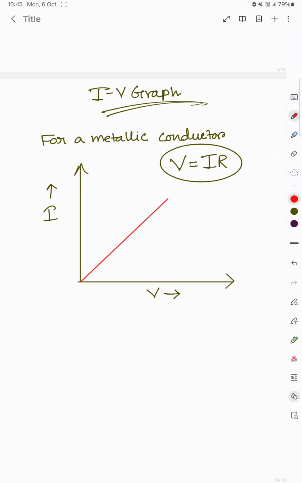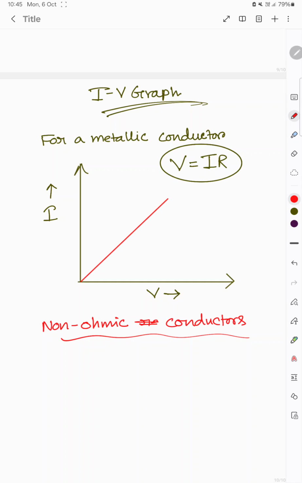And now if the non-ohmic resistance case occurs, it is a non-linear resistance. In case of non-ohmic conductors, the graph will be slightly different from this.